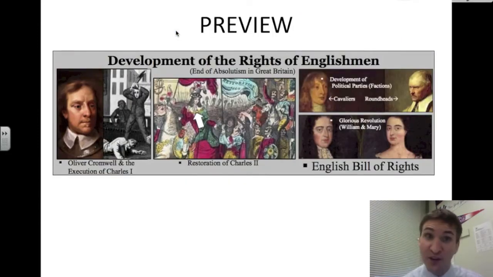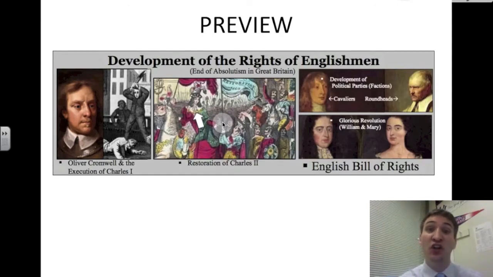Well, as a preview, the people of England didn't think that sounded great. They wanted to develop their own rights. And this lesson is going to talk about the development of the rights of Englishmen. You're going to be introduced to Oliver Cromwell, who takes over after King Charles I is executed. You're then going to see the restoration of Charles II.